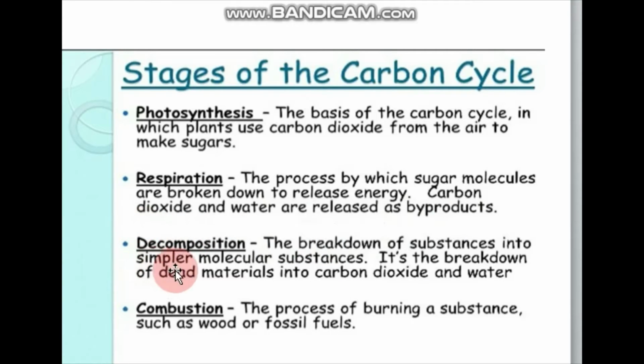Decomposition, the breakdown of substances into simpler molecular substances. It is the breakdown of dead materials into carbon dioxide and water. And then combustion or burning, which is the process of burning a substance such as wood or fossil fuels.